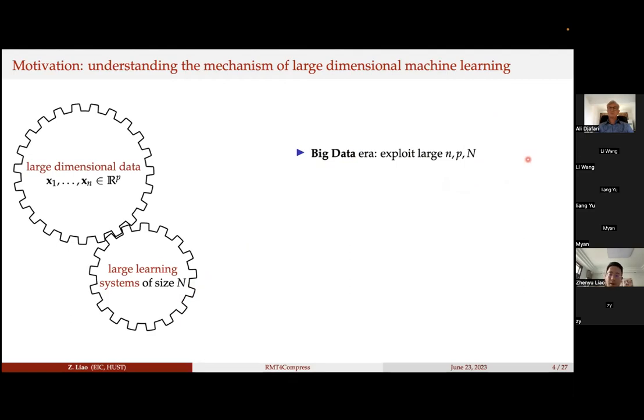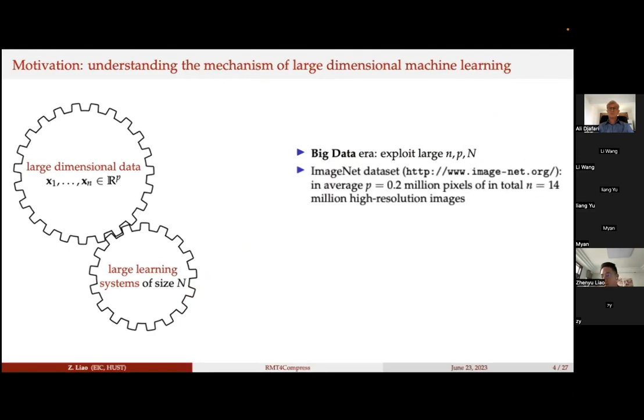Considering things in this regime is natural because for many people working with computer vision, images, and videos, for example, the ImageNet dataset is one of the most popular computer vision datasets, and on average it contains images of dimension about 0.2 million pixels, and in total there are about 14 million such high resolution images.